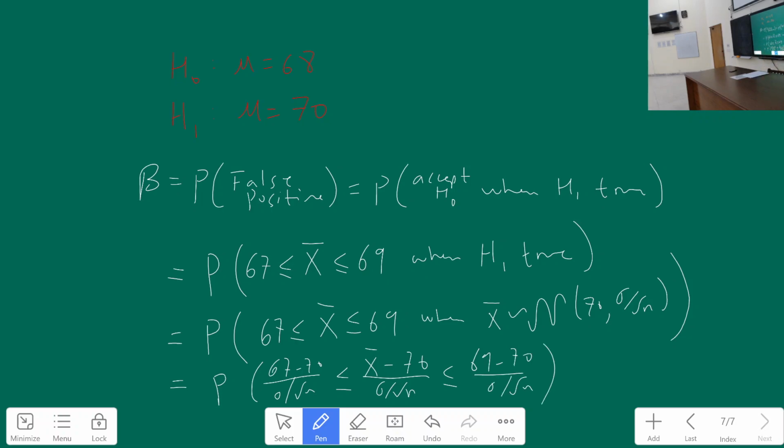Notice पिछले step में in the previous case we used 68 here. Yes, we were assuming H0 to be true. Now we are assuming H1 to be true. So then we have to use whatever mean the H1 claims, which is 70. So you will calculate this and you will get your beta, whatever that value comes out to be.